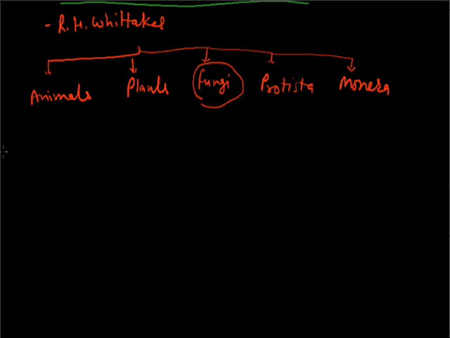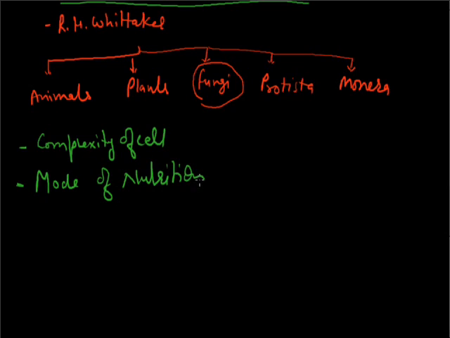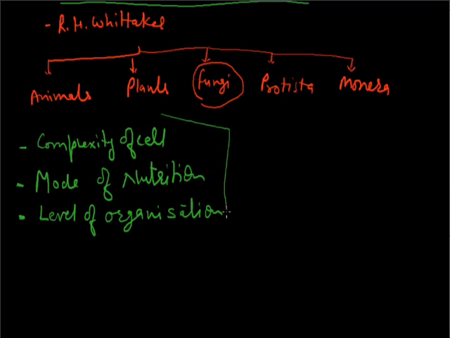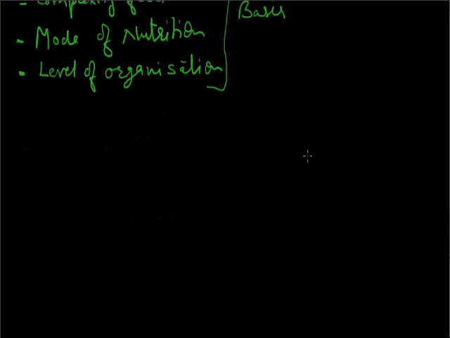So what are the basic criteria of classification? Here are certain criteria used for the classification of living beings. First, complexity of the cell. Second, mode of nutrition. Third, level of organization. These are the bases and criteria used for the classification of five kingdoms. According to this five kingdom classification, the living beings are categorized in five groups.